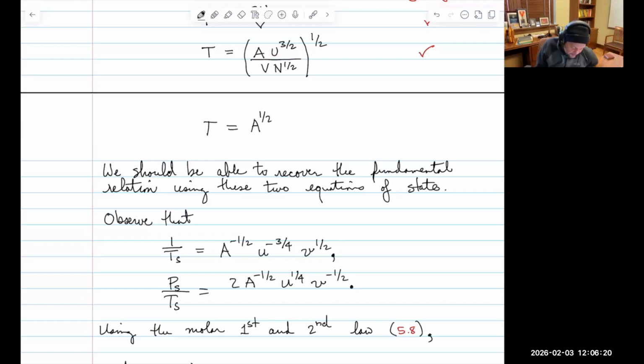Okay, so now we have U to the 3/4, right? V to the 1/4, and we have 1 over N to the 1/4. So what do we need on the bottom? What we really need is N to the 1/4 on the top, right?